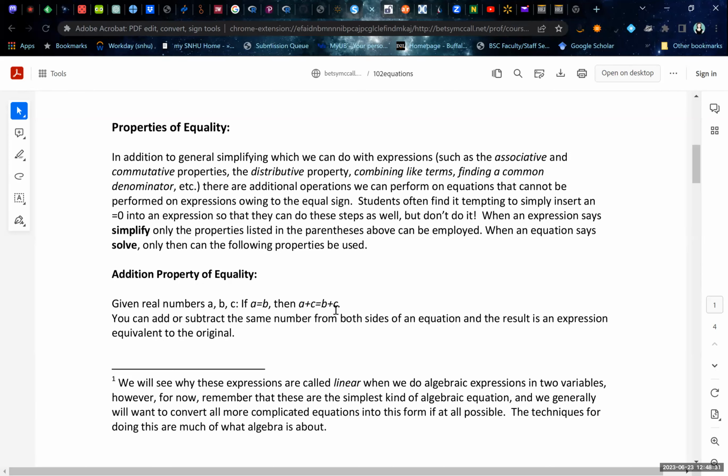They will both still be equal. And typically this is a strategy we use to combine variable expressions that are on the same side of the equation, or to simplify a constant when there are constants on both sides and maybe we only want them on one side. So typically this is used to combine things that are on different sides of the equality statement.